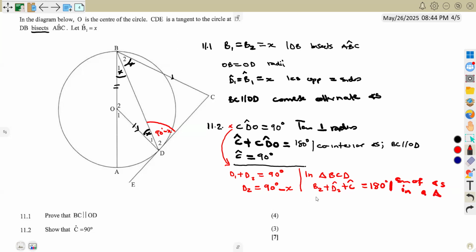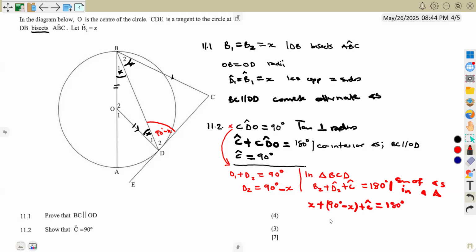So it's going to be B2, which is X, plus D2, which is 90 degrees minus X, plus the angle C must be equal to 180 degrees.